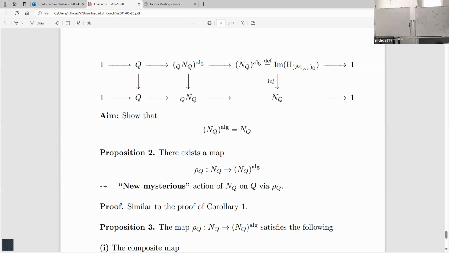As a result, of course, this acts on Q, and so via this mysterious map, one gets a new action of NQ on Q. This mysterious map is defined as a consequence of this Q transitivity on the idempotence.